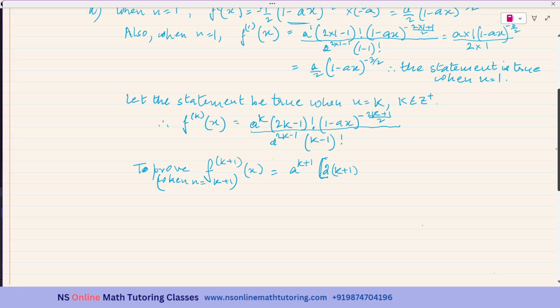So k plus 1 minus 1 whole factorial times 1 minus ax raised to the power of minus 2k plus 1 plus 1 over 2, and in the denominator, sorry, not a, it is 2 to the power of 2k plus 1. This one is 2.